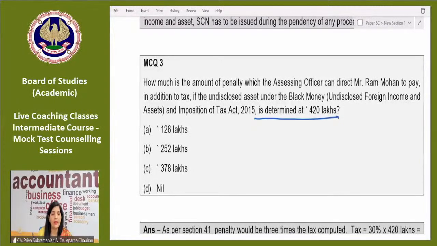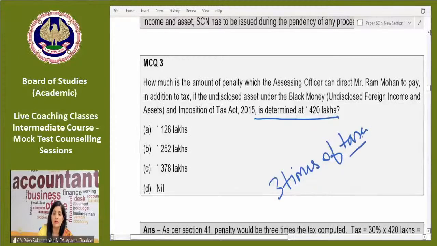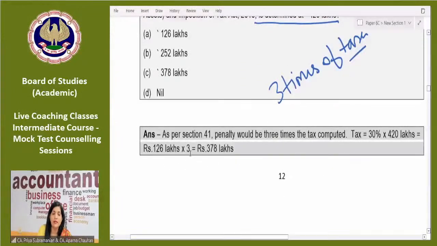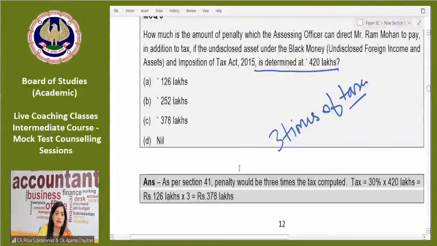What is the quantum of penalty that can be levied? It is 3 times the tax computed. This is 420 lakhs; 30% of 420 lakhs is 126 lakhs, into 3 times, so 378 lakhs is the penalty.